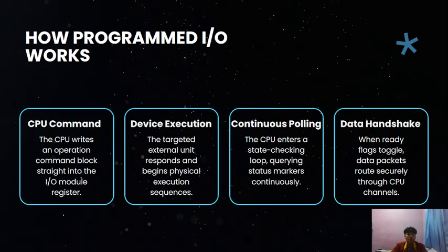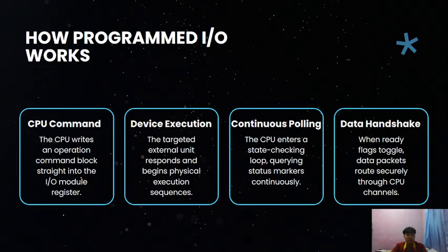How does Programmed I/O work? Let us look at the working process of Programmed I/O. First, the CPU sends a command to the I/O module. Second, the module device receives the command and starts performing the requested operation.